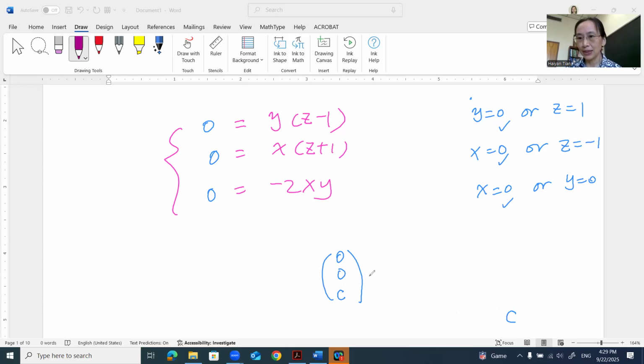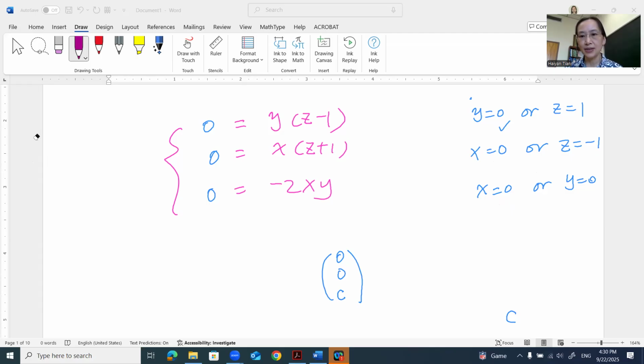So we have found infinitely many equilibrium solutions, that means vectors of this form. Now let's continue. Suppose y is 0, but x is not 0. Let's take out this assumption.